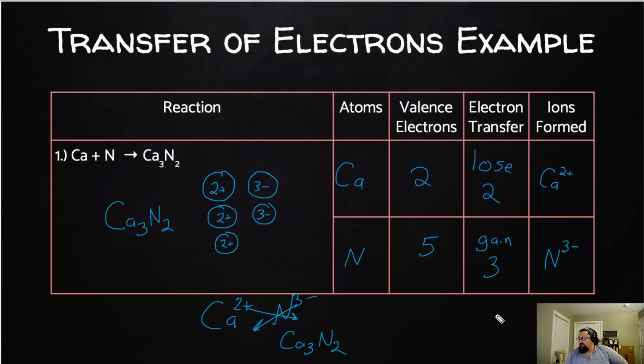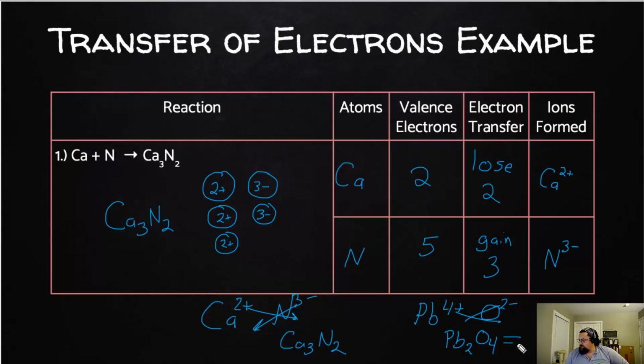There we go. Now, the only time you have to do another step is in the case it comes out like this. Well, what if we had a lead, which is 4 plus, and an oxygen, which is 2 minus, and you cross them, so you get Pb2O4. Well, is that the lowest whole number ratio, 2 to 4?